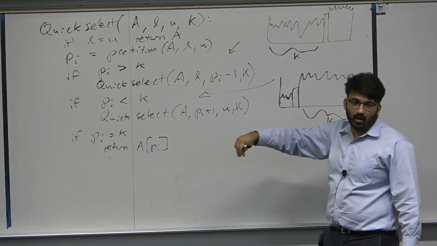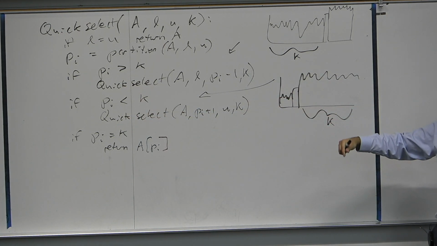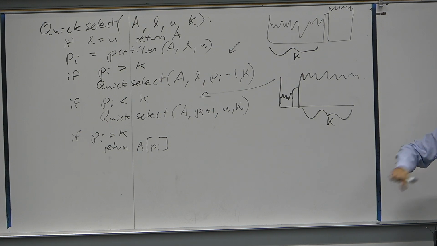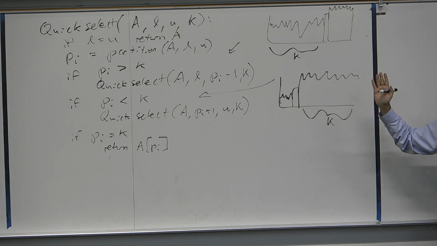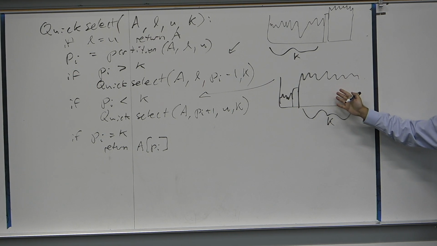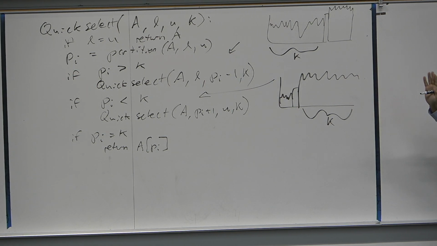It places the pivot element in a specific spot, and then we can determine if k is less than or greater than that index. Using this recursively, we do correctly get down to the brass tacks. We do find the element correctly.